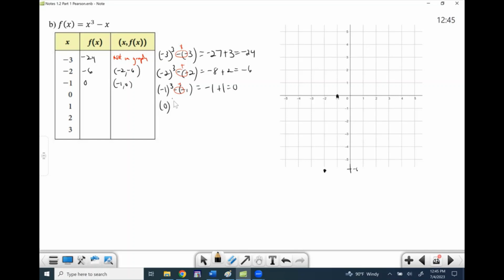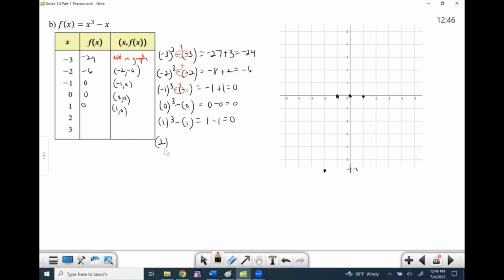So 0 cubed minus 0. Well, that's 0 minus 0. So the origin is in the graph. All right, we'll substitute in 1. 1 times 1 times 1 is 1. Take away 1 is 0. Wow, lots of zeros here, huh? 1, 0.